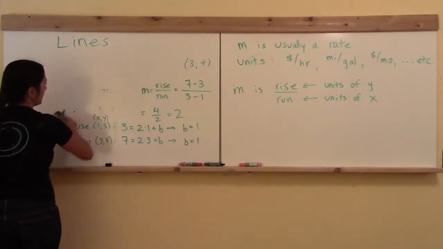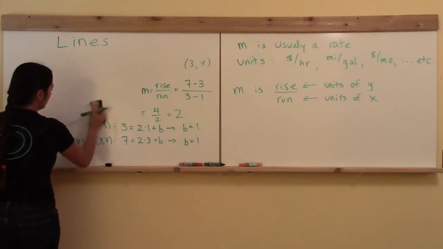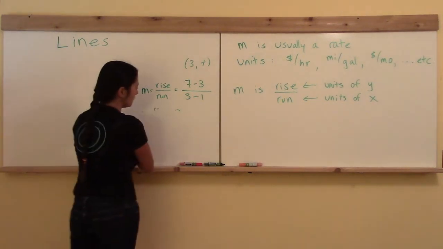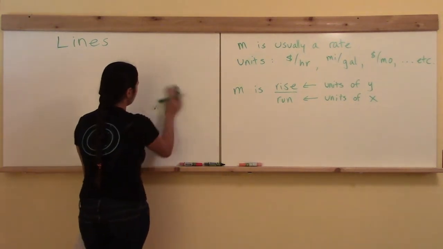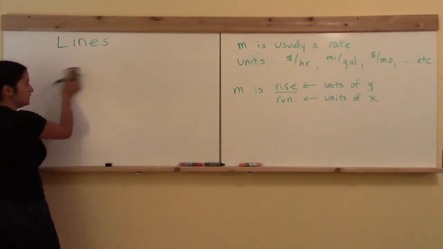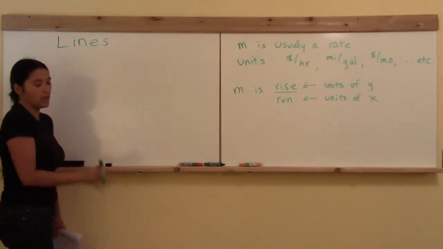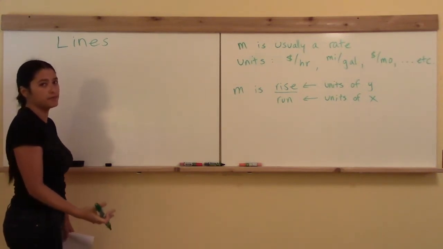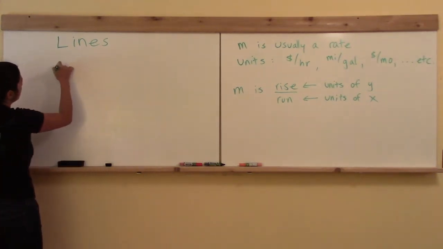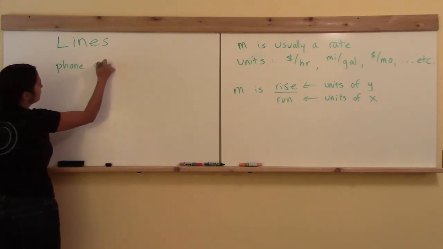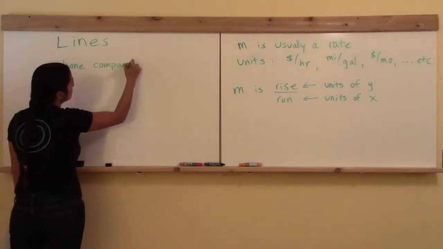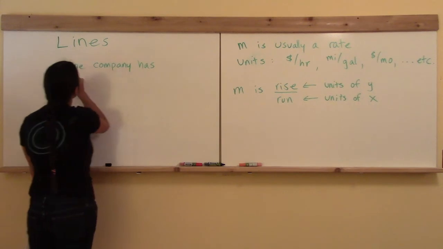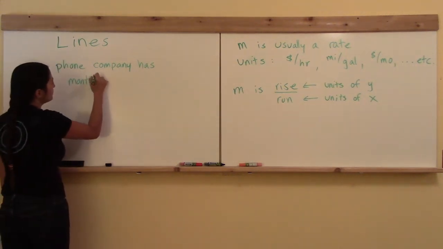Let's say that I want to get a phone. I want to get a little cell phone here, and the cell phone company is going to charge me some sort of flat rate just for having the phone in general, and then it's also going to charge me by the minute for how many minutes I use. So let's say a phone company has a monthly flat rate.